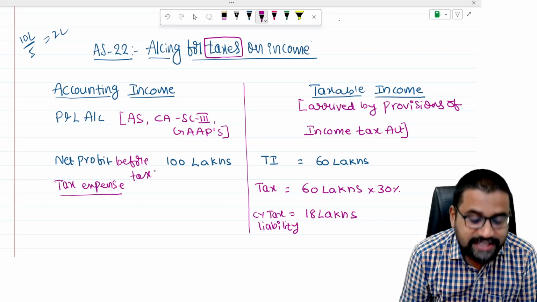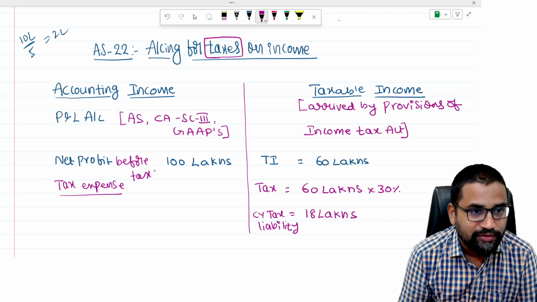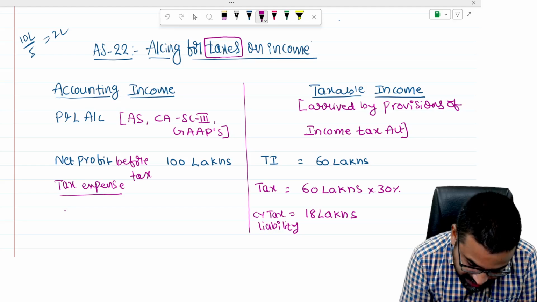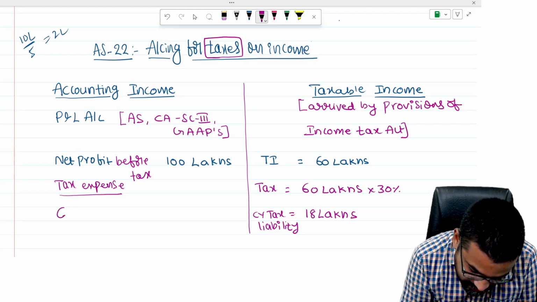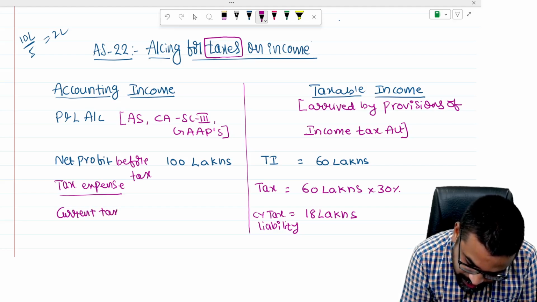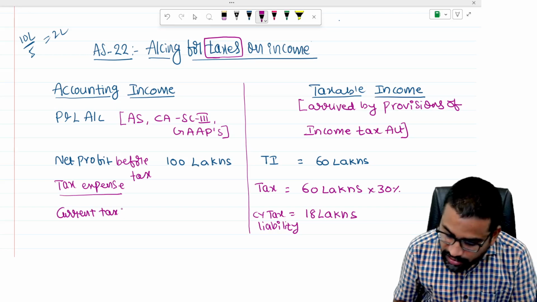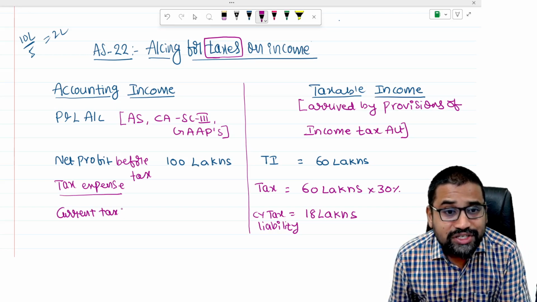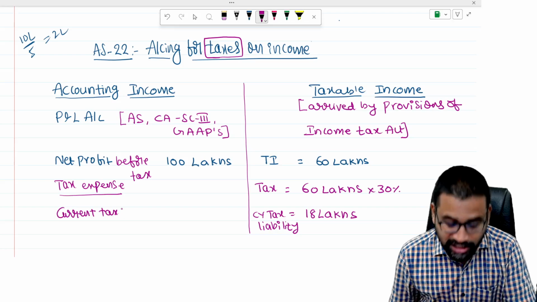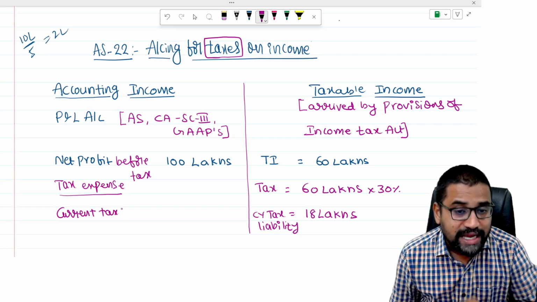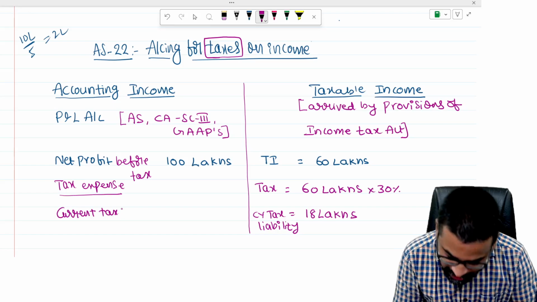This 100 lakhs is PBT, net profit before tax. Now the tax expense: what is my current tax? Current tax means the tax liability of the current year, which you ascertained by following the provisions of the Income Tax Act. By following the provisions of the Income Tax Act, what is your current tax? 18 lakhs.